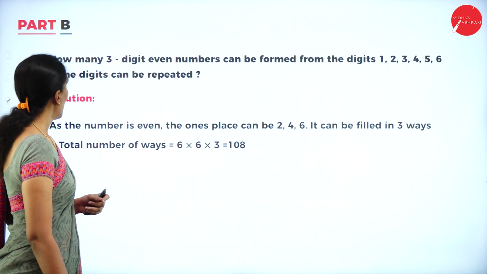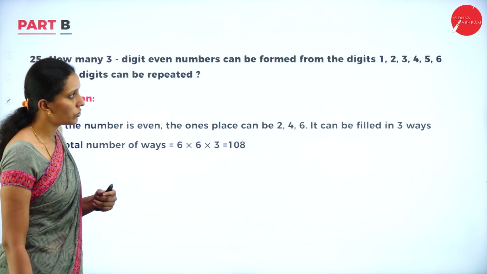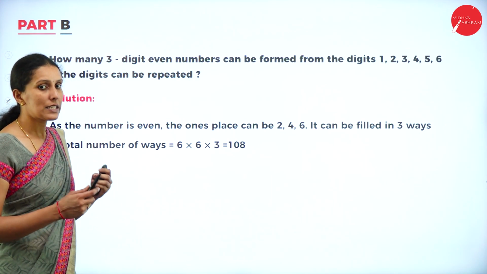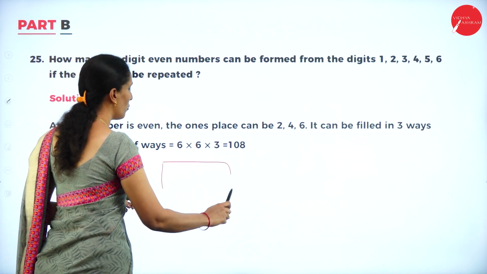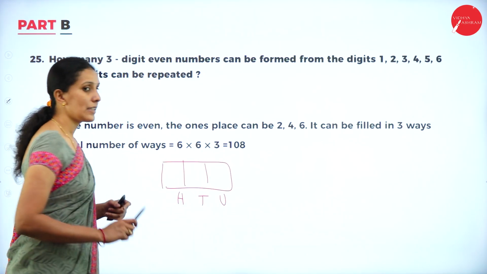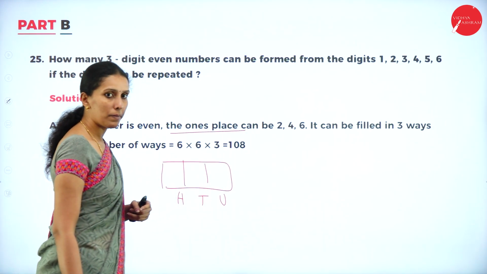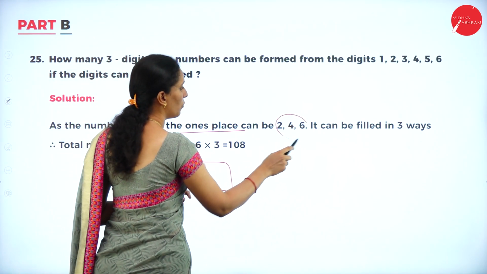Next one. How many 3-digit even numbers can be formed from the digits 1, 2, 3, 4, 5, 6 if the digits can be repeated? Since the digits can be repeated, here 3-digit even numbers have to be formed. So units, tens and hundreds. Since even numbers have to be formed, in the units place you have the chance of filling only 3 numbers, that is 2, 4, 6.